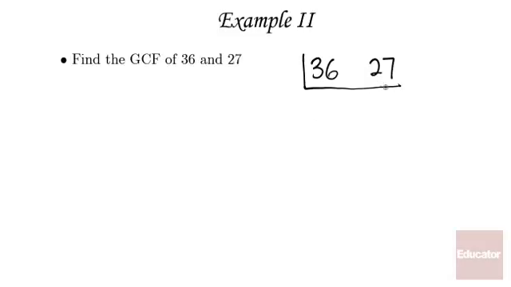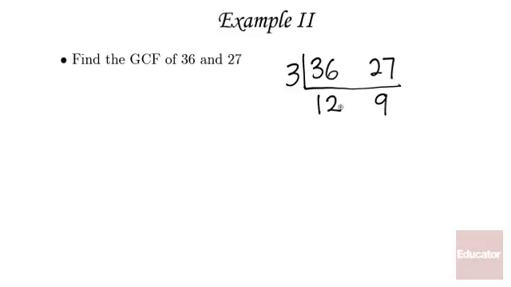Let's see. I know that 3 goes into 36 and 3 goes into 27. So I'm going to take out a 3. 36 divided by 3 is 12. And 27 divided by 3 is 9.